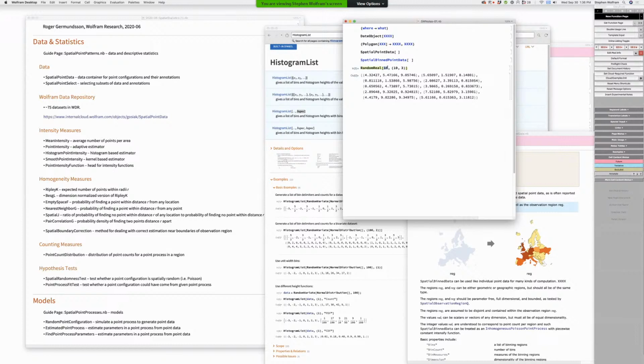What's a good function to put in here? Normal distribution. No, random variate. Probably you want. Can I do random variate on a surface? No. Well, I can do random point on a surface, can't I? Yes.